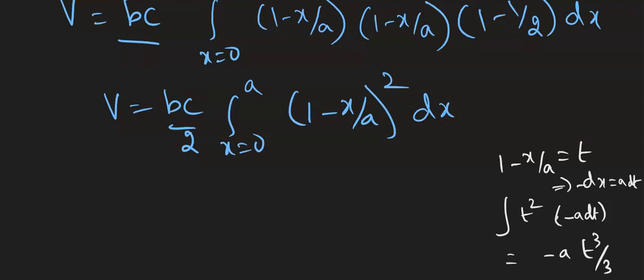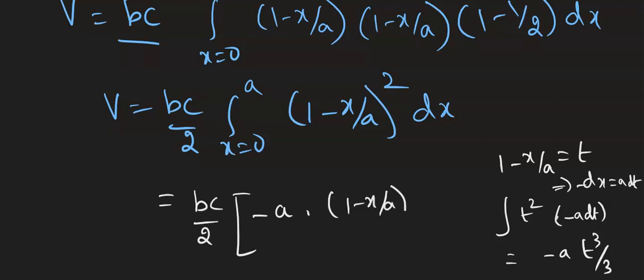So the same thing I am going to write. V is equal to bc by 2 into minus a into, in the place of t, we have 1 minus x by a the whole cube by 3. We are going to apply the limit only for x. x varies from 0 to a.